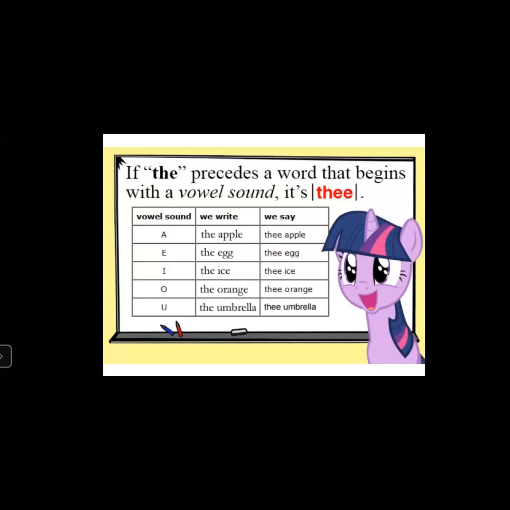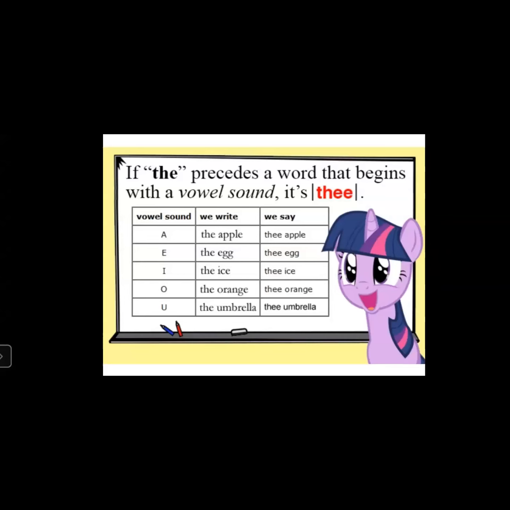But when you are telling about it, how will you pronounce it? 'Thee'. It's not 'thuh apple', it's 'thee apple'. Okay, the apple. Then the eggs, the eyes, the orange, the umbrella.